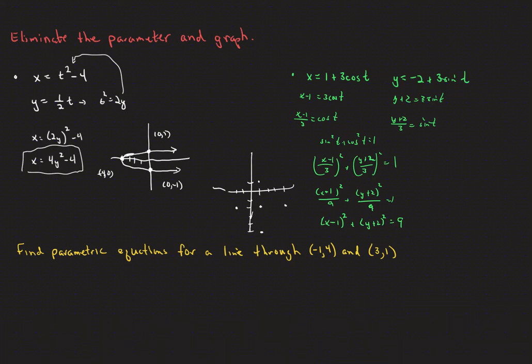The north point is going to be 1, 1. The east point is going to be 4, negative 2. The west point is going to be negative 2, negative 2. And the south point is going to be 1, negative 5. And so we will get the best circle we can get through those points.